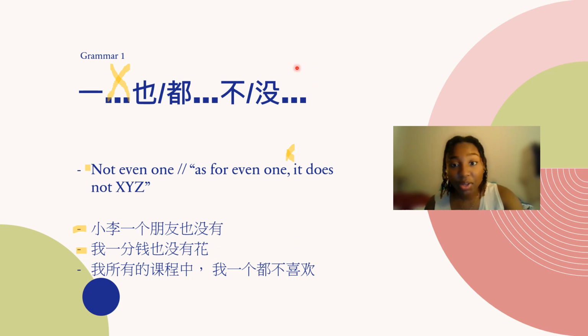So that's why we got this here. You can add more things in front or behind that. So then 第三个，有我所有的课程中我一个都不喜欢。My all classes, within all of my classes, among all my classes, I even one do not like. 我一个都不喜欢。So let's see that in some other instances.